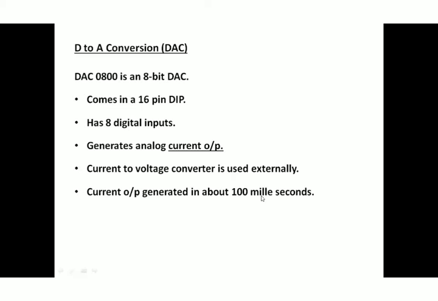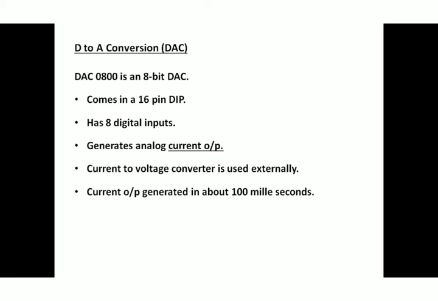Here I will take an example of a DAC 0800. This is an 8-bit digital to analog converter. You can use it in your system design. It comes in a 16-pin DIP package. It has 8 digital input lines and generates an analog current output.